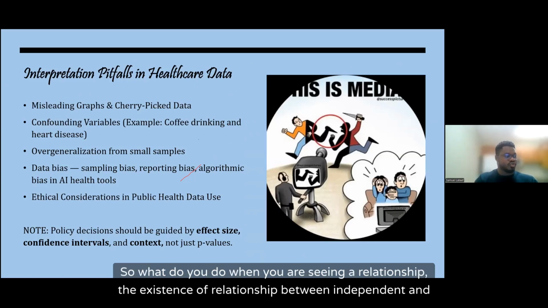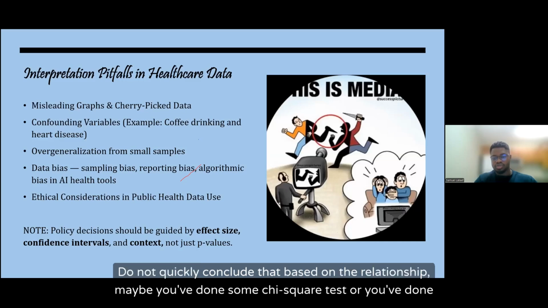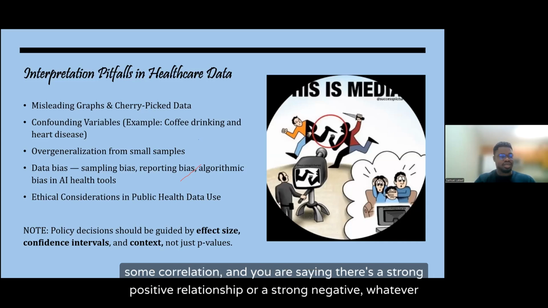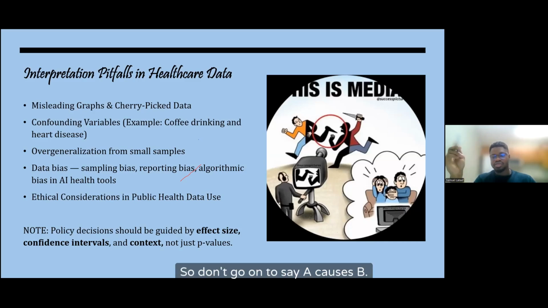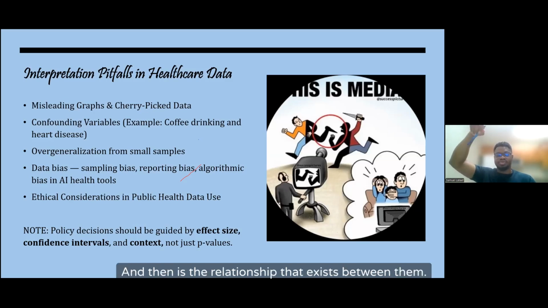So when you see a relationship between an independent and a dependent variable, do not quickly conclude based on the relationship alone, maybe you've done some chi-square test or some correlation and you're saying there's a strong positive or strong negative relationship. Don't be quick to conclude, because there could be a confounder that is affecting both. So don't go on to say A causes B. It might be that there is a third party that is affecting A and also affecting B, and hence the relationship that exists between them.